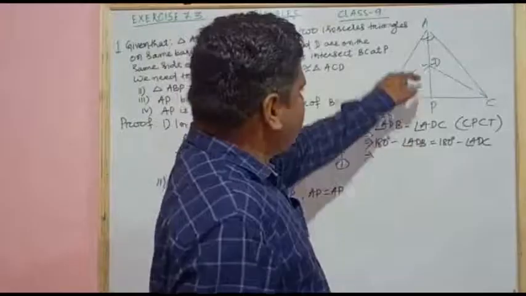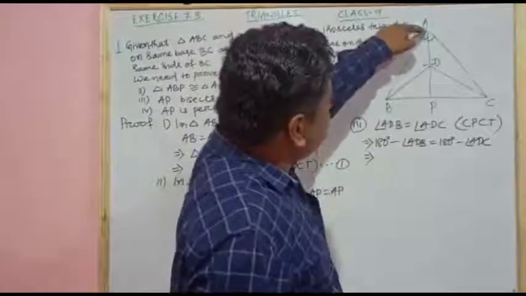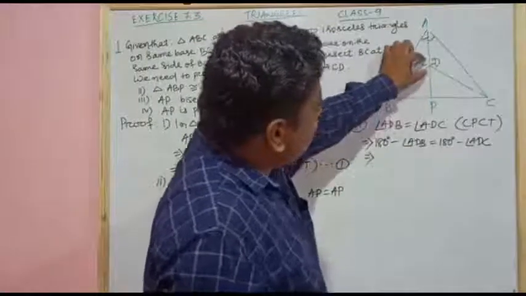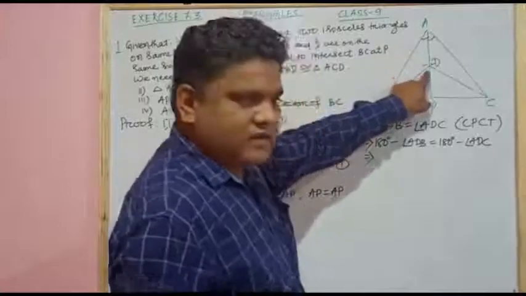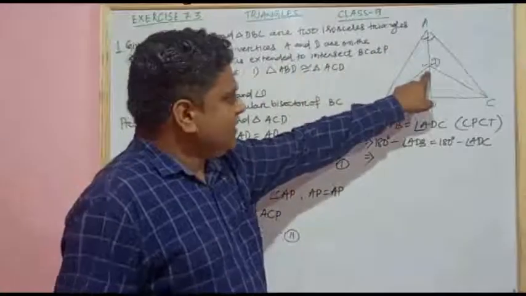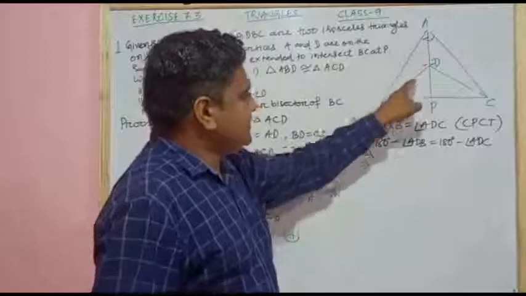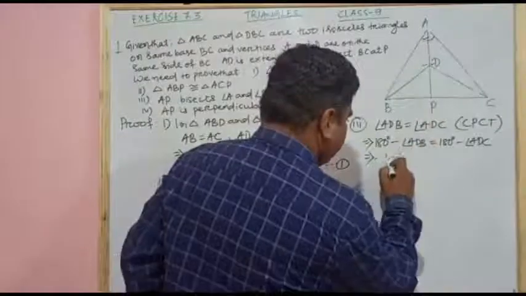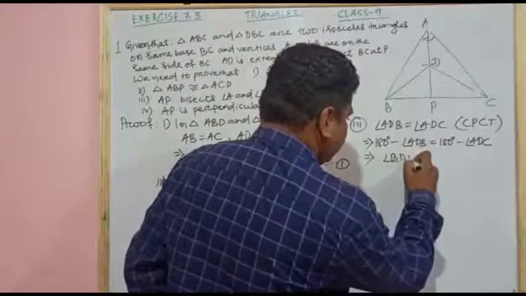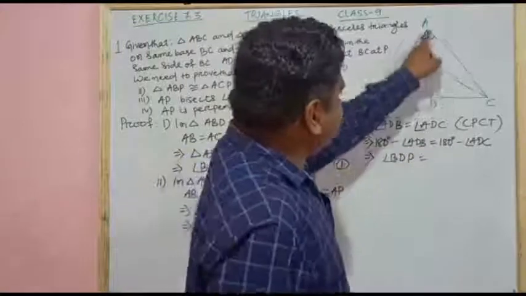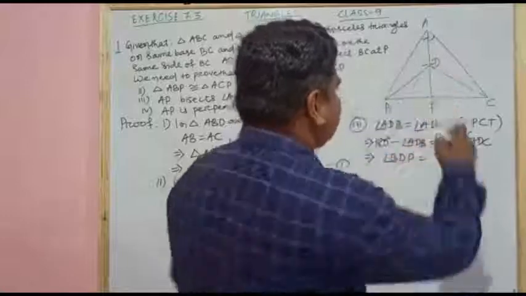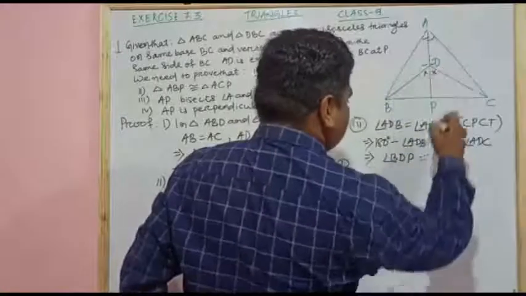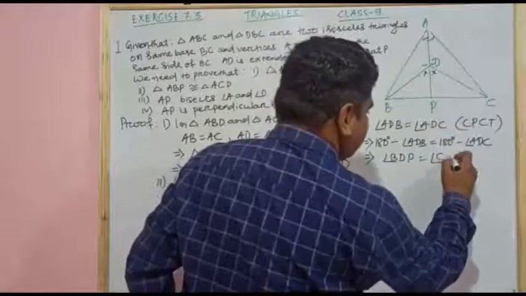These two angles, this one and this one, are called a linear pair of angles. So 180 minus ADB is equal to angle BDP. In the same way, 180 minus ADC is equal to this one. So these two angles are equal, that is, CDP.